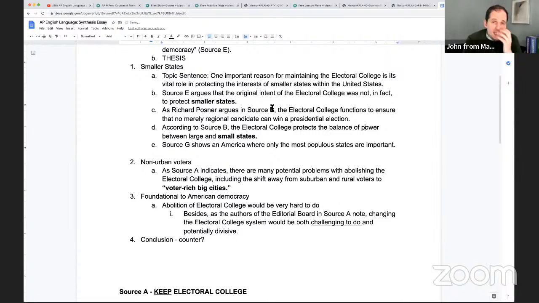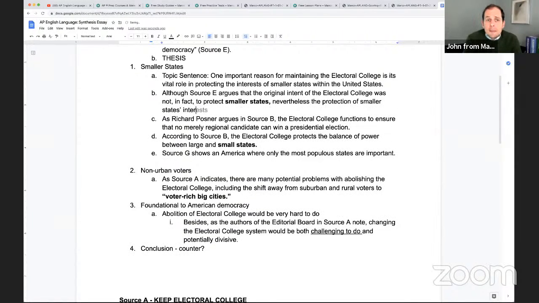Now I've got my topic sentence, blah, blah, blah. Although source E argues that the original purpose was not in fact to protect smaller states, nevertheless, the protection of smaller states' interests is an important role of the Electoral College today.